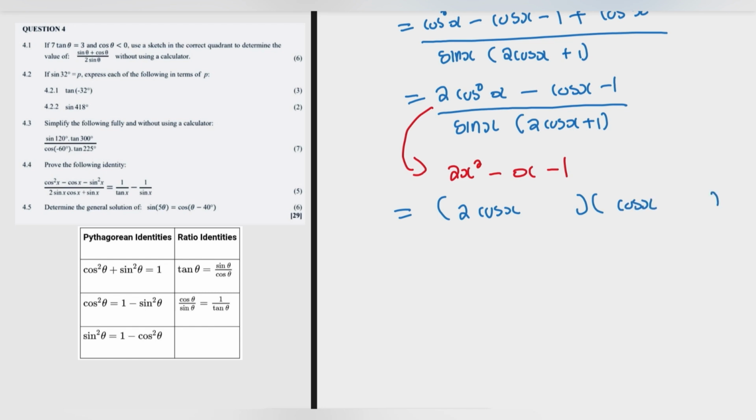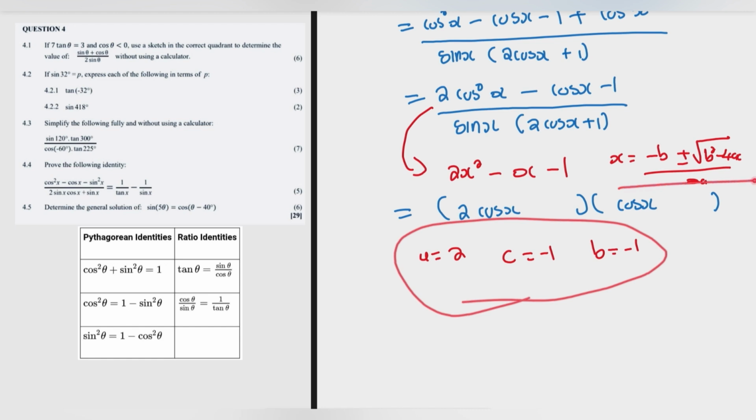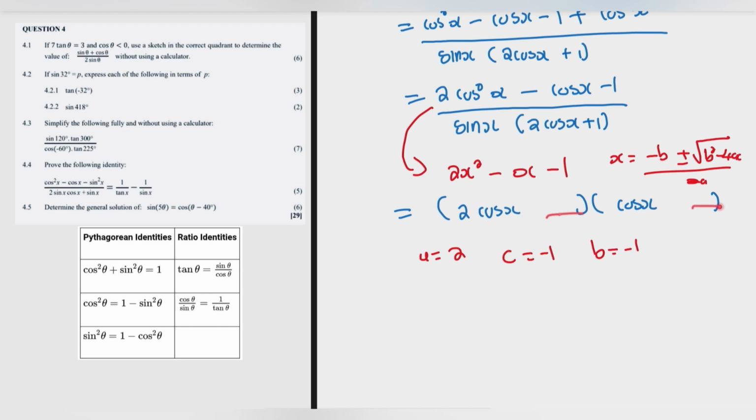If you're struggling with factorizing, you can use the quadratic formula, which is x is equal to negative b plus or minus the square root of b squared minus 4ac, all divided by 2a. Here our a is 2, our b is negative 1, and our c is also negative 1. If you plug in these values in your quadratic formula, you will get the factors that should come here.